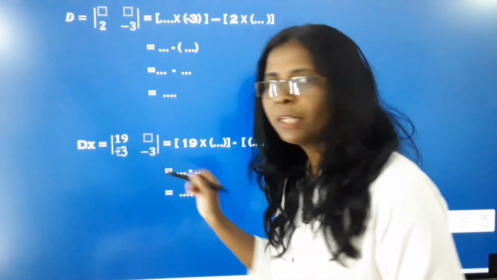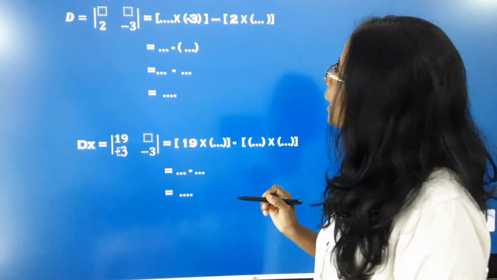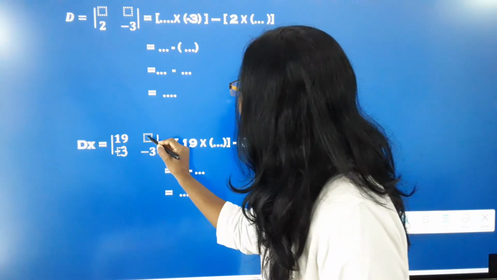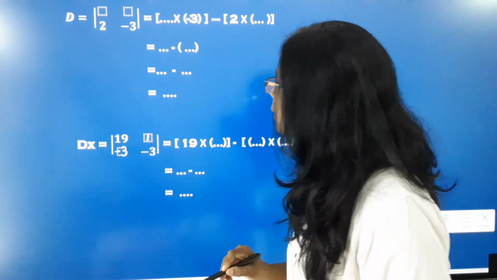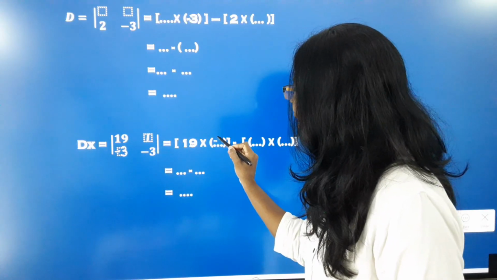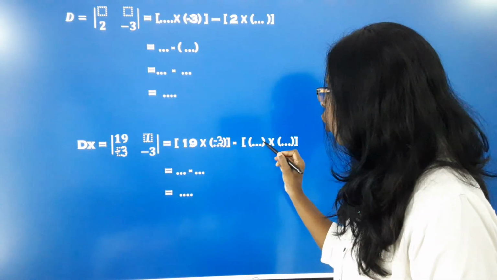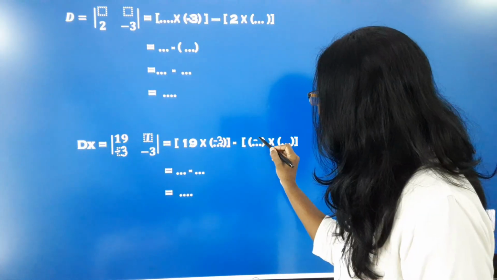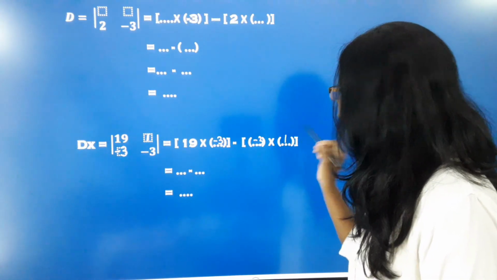In the first column, and in the second column write down as it is, that is the coefficient of y, 1, minus 3. So the cross multiplication: 19 times minus 3 minus of minus 3 multiplied by 1.